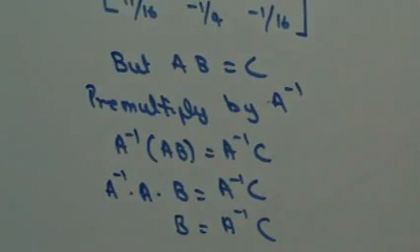I'm continuing the sum here, guys. So you have B is equal to A inverse into C. What was the value of B? The value of B was XYZ is equal to A inverse.